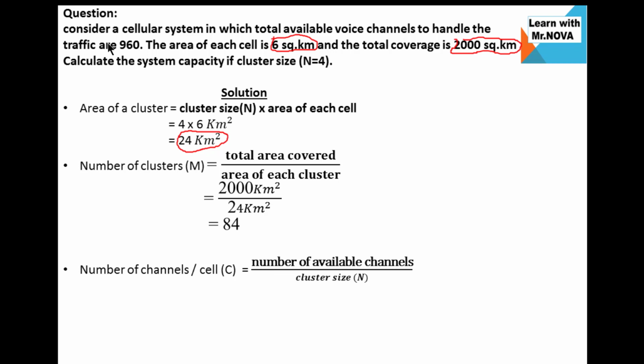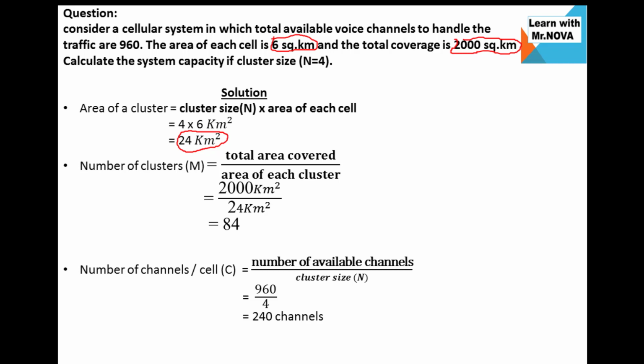The total number of voice channels to handle the traffic is 960 channels, and the cluster size is 4. So 960 divided by 4 is 240 channels.